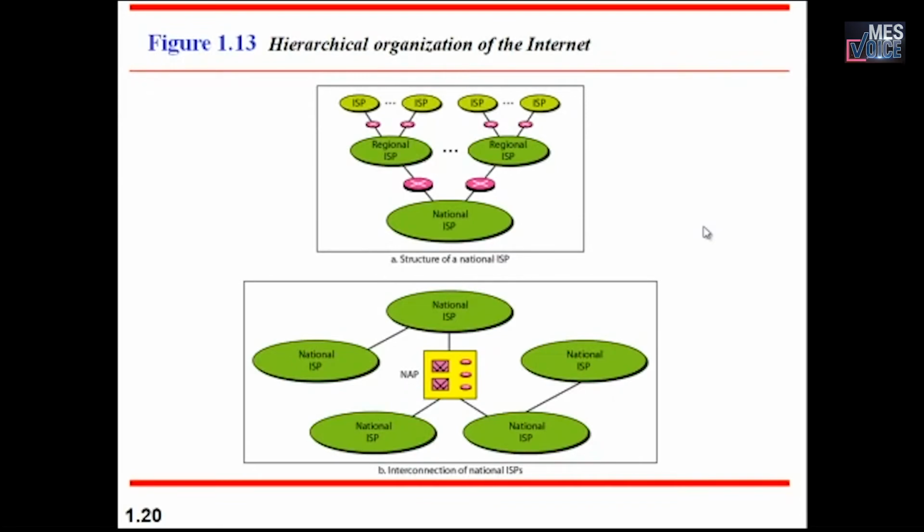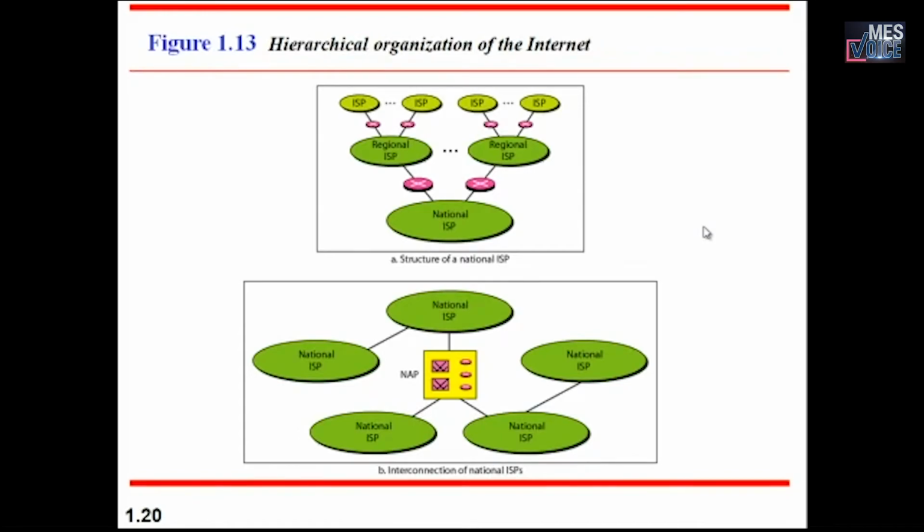Figure A depicts the hierarchical organization of the internet. You could see there are multiple internet service providers who receive the service from a regional ISP. The regional ISPs in turn receive the services from a national level internet service provider.